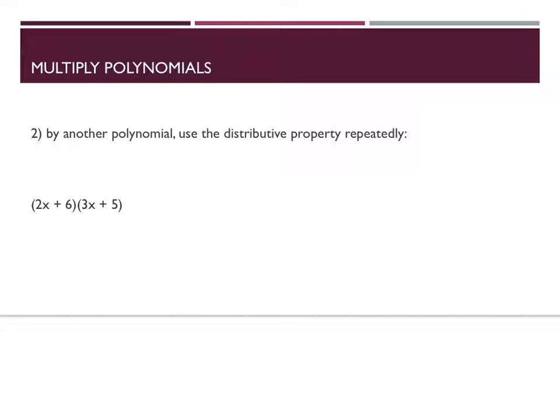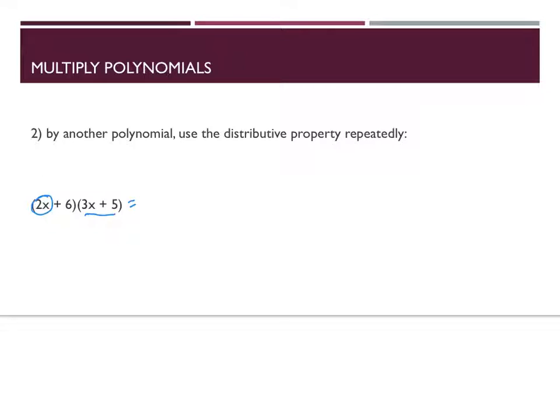Now what happens if I have a polynomial times another polynomial, which means I have more than one term times more than one term? In this case, I've got 2 terms times 2 terms. I'm going to distribute not once but twice. First, I'm going to take 2x and distribute it here.